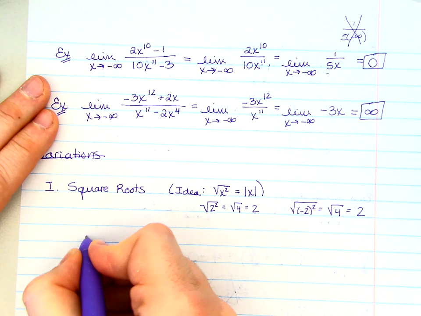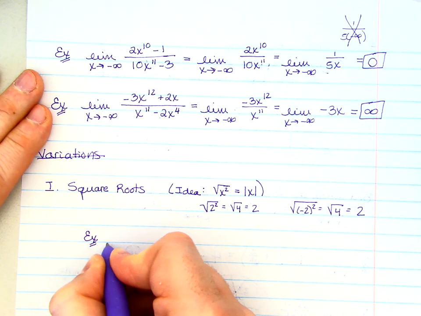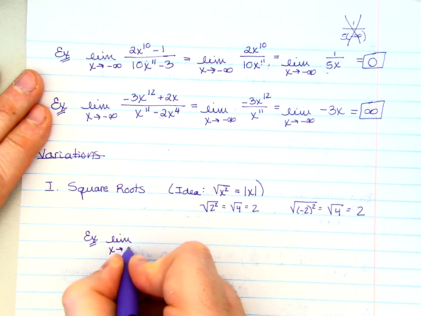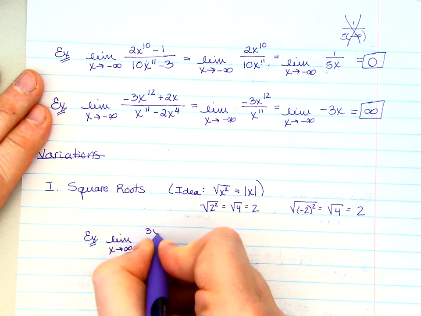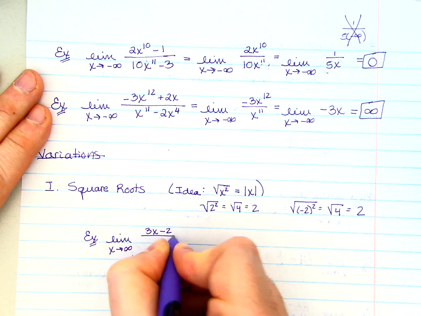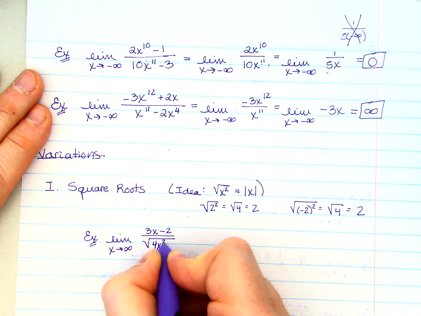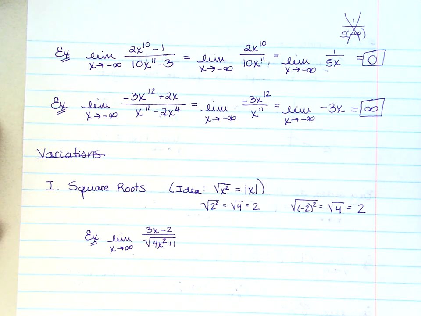With this in mind, let's take a look at the limit as x approaches infinity of 3x minus 2 over the square root of 4x squared plus 1.